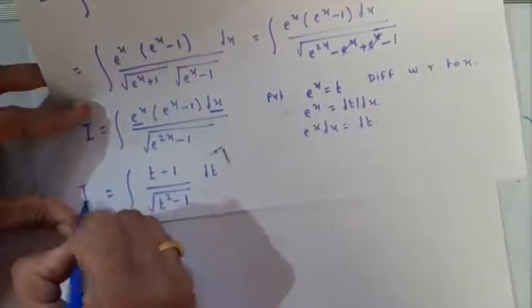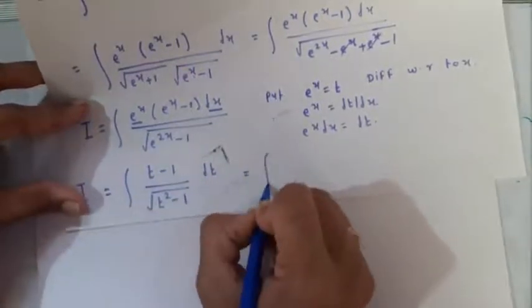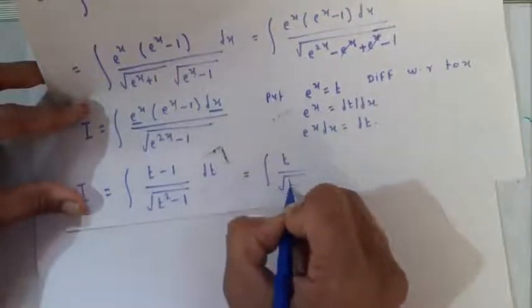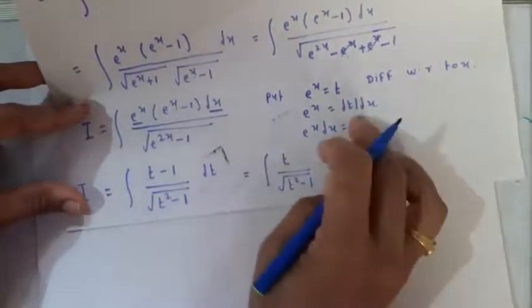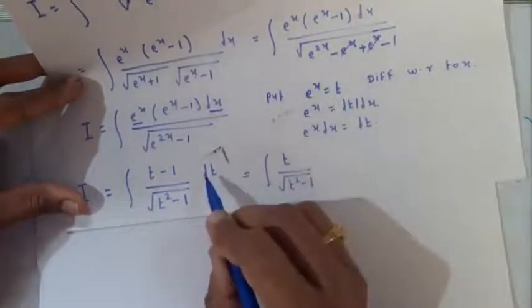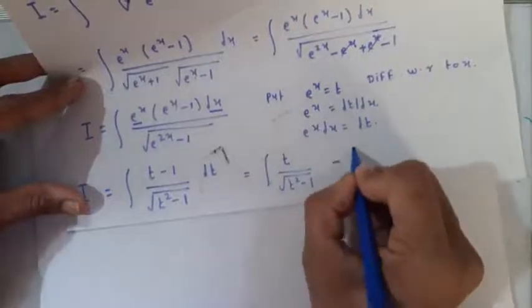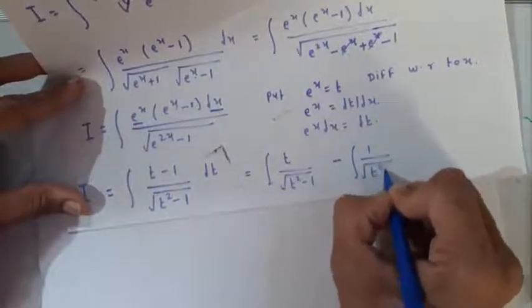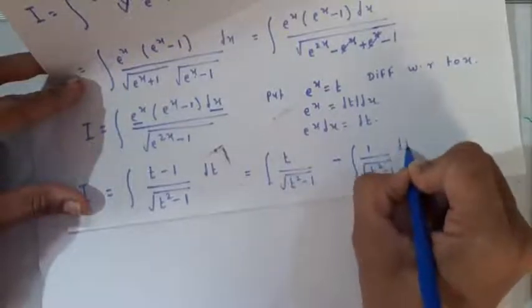Now simplify the terms. We get t upon square root of t square minus 1, and the next term is minus 1 upon square root of t square minus 1, with respect to t.